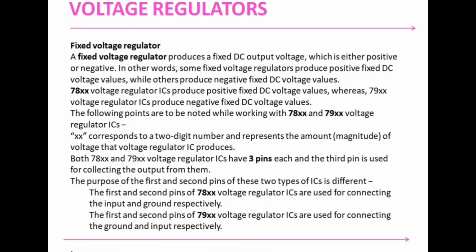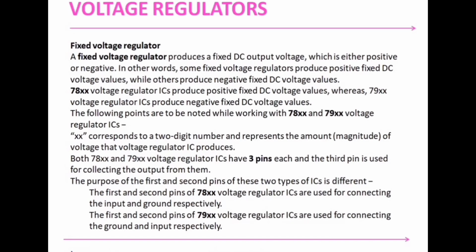The following points are to be noted while working with 78XX and 79XX voltage regulators. The X's correspond to a 2-digit number, and it represents the magnitude of voltage that the voltage regulator ICs produce. Both these regulators have 3 pins each, and the third pin is used for collecting output from them. The purpose of the first and the second pin of these two types of ICs is different.